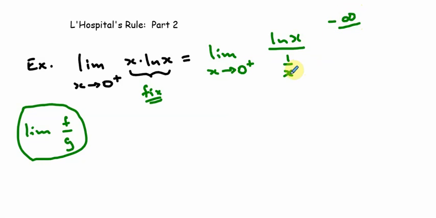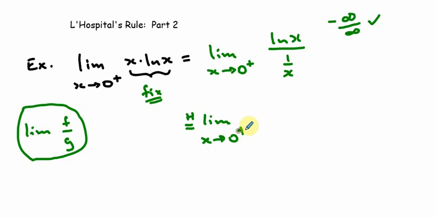And when I put in 0 in the bottom here, 1 divided by a very small positive number would also send it to infinity. It doesn't matter that it's negative infinity over infinity. What matters is it's infinity of some kind over an infinity. So that is an indeterminate form, which means we have the green light to use L'Hopital's rule. So now away we go.